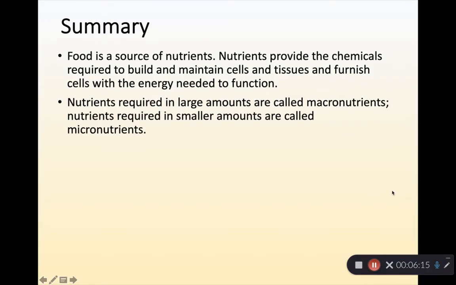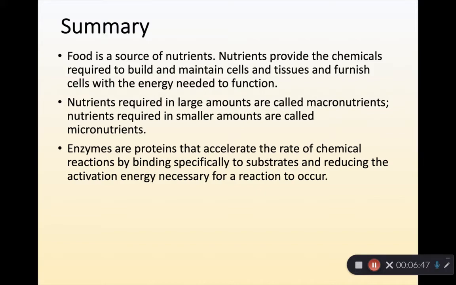Secondly, nutrients that are required in large amounts are called macronutrients. Those are divided into carbohydrates, proteins, and lipids. And then there are nutrients that are required in smaller amounts, which are micronutrients. We looked at those with both vitamins and minerals, and at being able to link what macronutrients do for the body and what micronutrients do for the body.